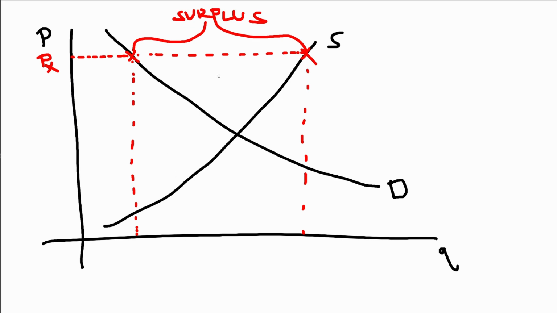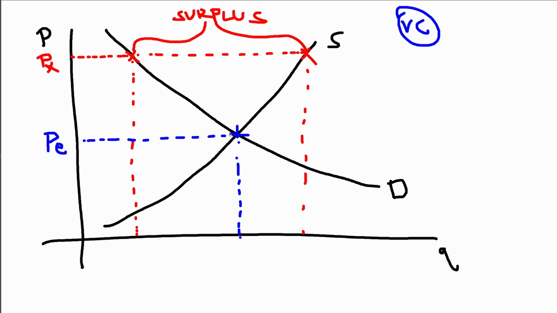Okay. And what happens usually in a surplus is that if there's too many things, people start putting them on sale because they don't want to hold the inventory. It drives the price down more towards this point here. This point is our equilibrium point. And what that means, I'll just put a little sub E there, is that the amount of things people demand of whatever good, we're just going to call this video cards to make it easier.